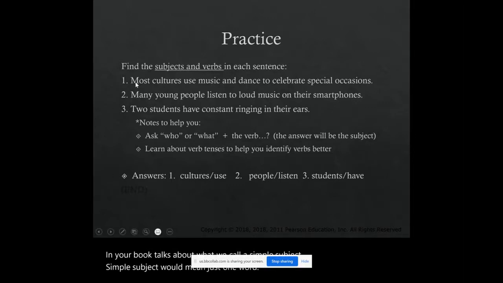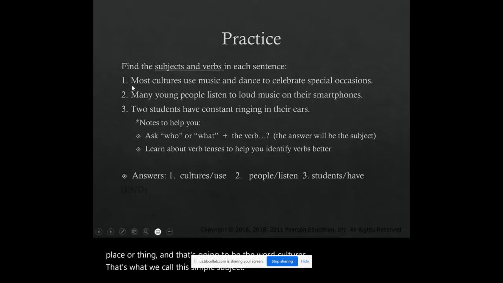Like, look at number 1. We have most cultures, right? Most is not actually a noun. So if we want to really find the subject, we need to look for a noun, a person, place, or thing. And that's going to be the word cultures. That's what we call the simple subject.